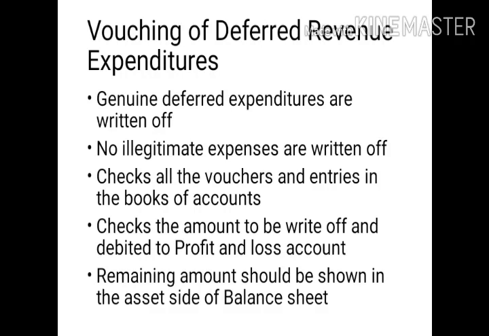Just for example, preliminary expenses, experimental expenses or formation expenses on the asset side of the balance sheet are revenue in nature, being expenses in the formation stage of your company, but they will give you their benefit for several years, up to as long as that company exists in the market. Other than that, many examples are there.